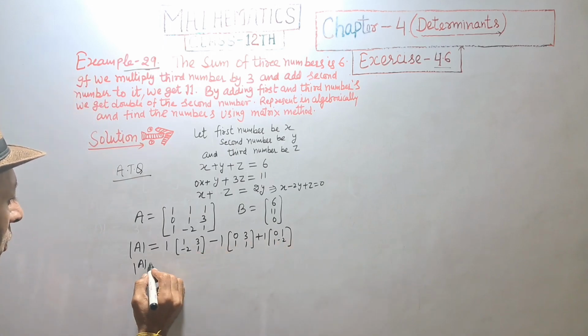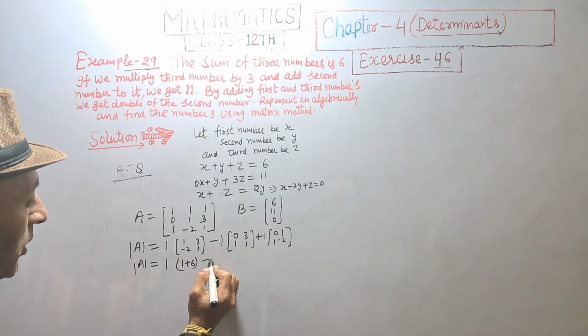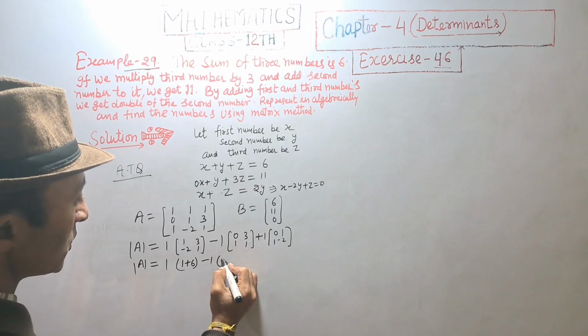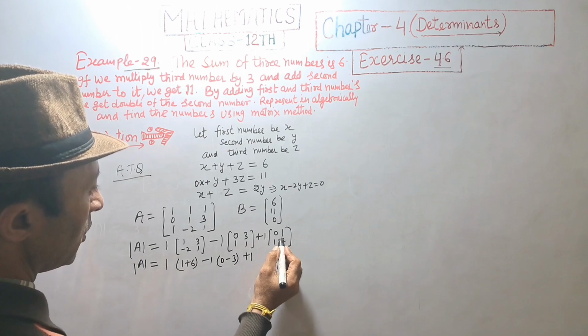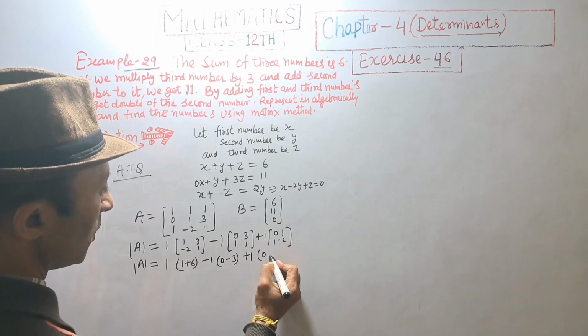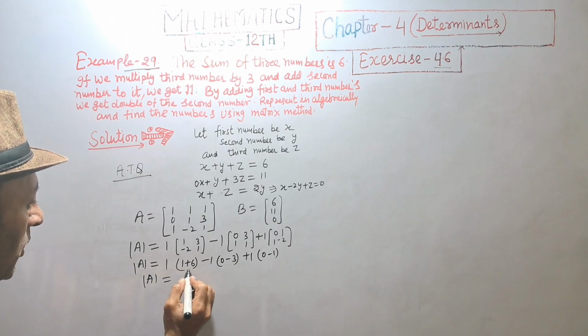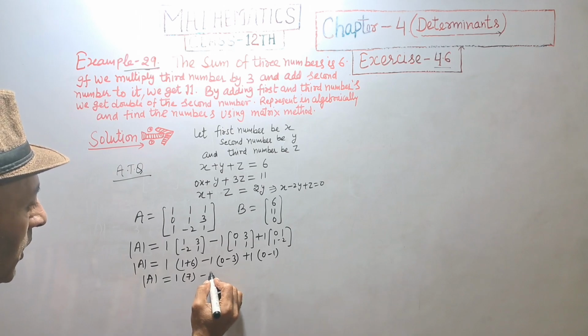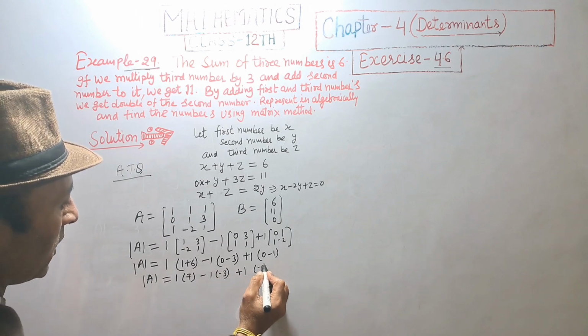Then determinant of A is equal to 1 into (1 times 1 plus 3 times 2, which is 7), minus 1 into (0 minus 3), plus 1 into (0 minus 1). Determinant of A is equal to 1 into 7, minus 1 into minus 3, plus 1 into minus 1.